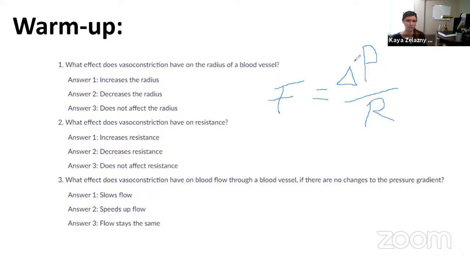So if we keep the pressure the same, this difference in pressure, we're not changing anything here, but we increase the resistance by making that blood vessel smaller. We're increasing the resistance. We're dividing by a bigger number, which means we end up with a smaller number, right? So our flow would go down. Okay, so we're going to slow down the flow if we increase the resistance. This is going to be important as we start to talk about blood flow to different organ systems.